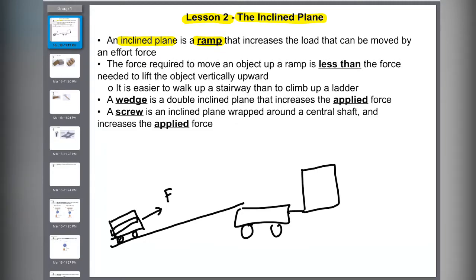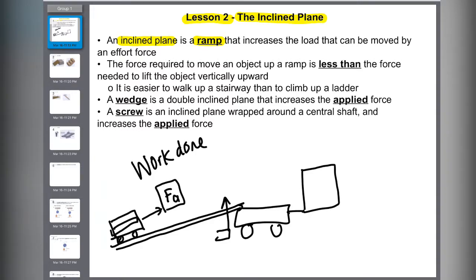The total work done on pushing this piano up the ramp would be more, in comparison to if I just lift the piano straight up a certain height. But the applied force you need when pushing something up the ramp, compared to going against the force of gravity, is a lot smaller.